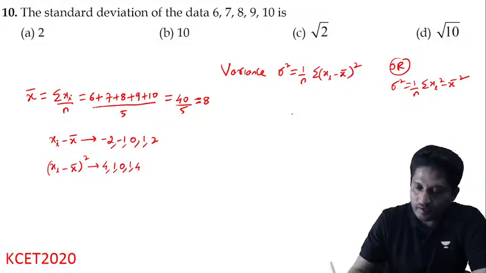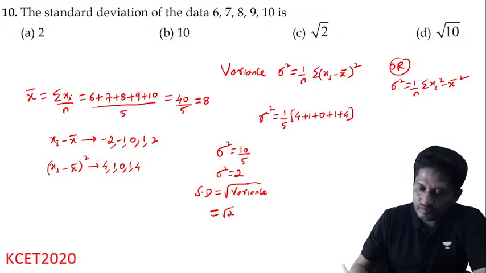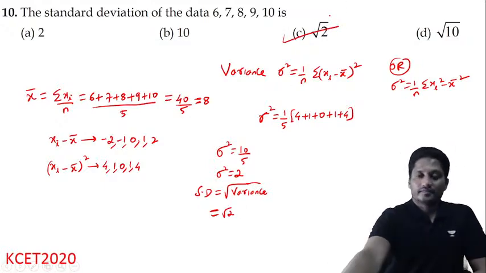So if you add all this, variance is equal to 1 by 5 times the summation, 4 plus 1 plus 0 plus 1 plus 4. So variance is equal to 10 by 5, which is 2. Standard deviation is equal to the root of variance, which is root 2. Answer is option C.